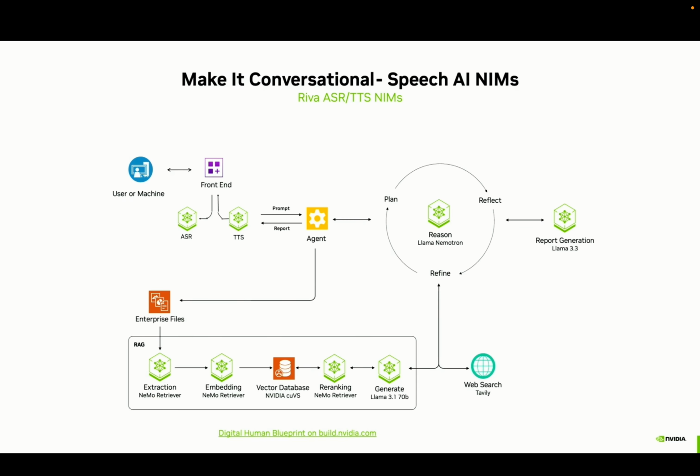Next. And this is, again, a journey towards an embodied digital human agent, right? You can go directly to the agent, the digital human avatar that we'll talk about, or a blueprint that we'll talk about in a bit. But you can also take one step and make it conversational by using some of these ACE microservices, Riva, ASR, and TTS NIMs, which you can bring, and there are examples of connecting them to the agent.